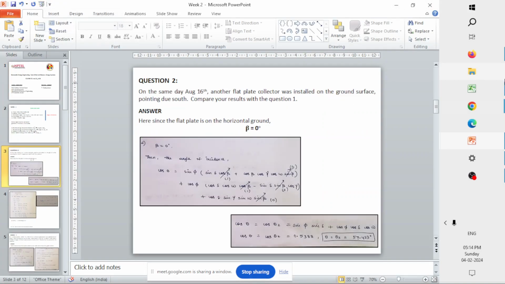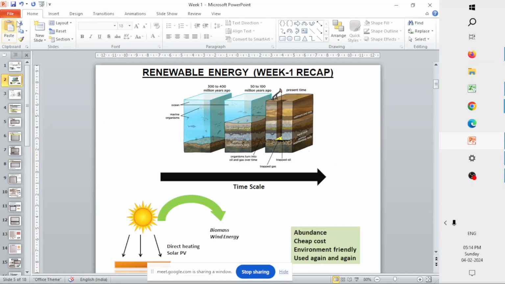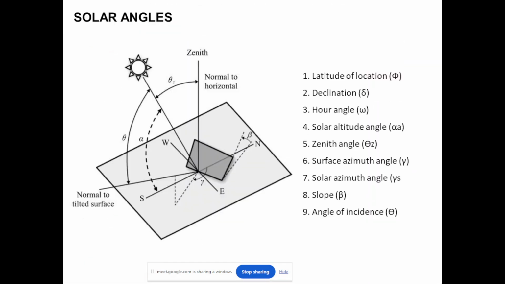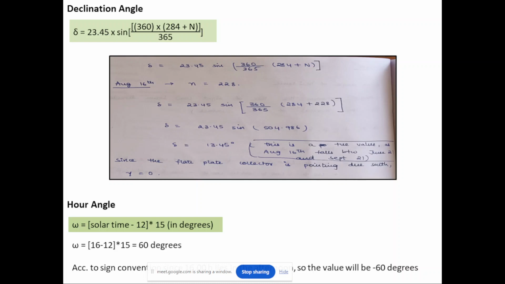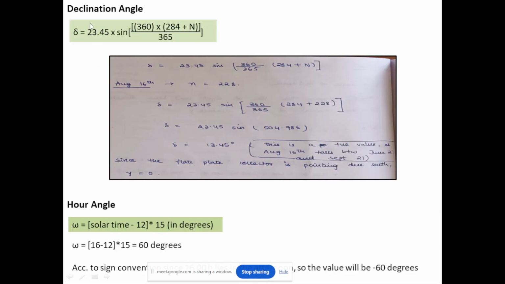For example, let me just move on to that particular one. So this was what we did in the previous lecture, where we considered an angle of 45 degrees from the ground. The flat plate collector is at an angle of 45 degrees. So we calculated everything, almost, declination angle, hour angle, everything.